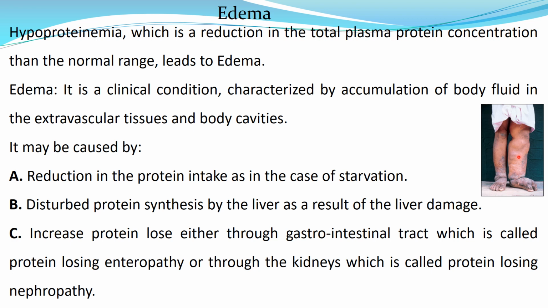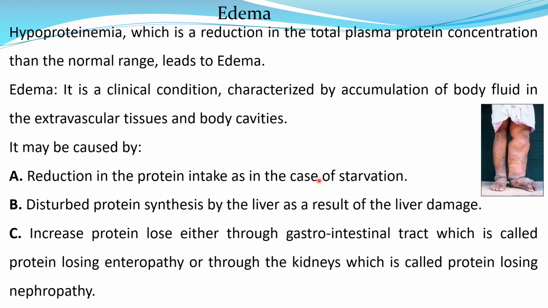As you know, we have different types of cavities in our body, including the thoracic cavity and the abdominal cavity. And this might result from different causes or factors. The first one is starvation.